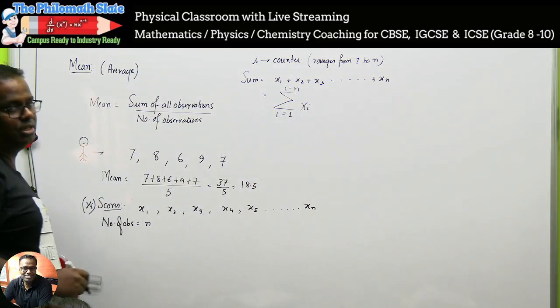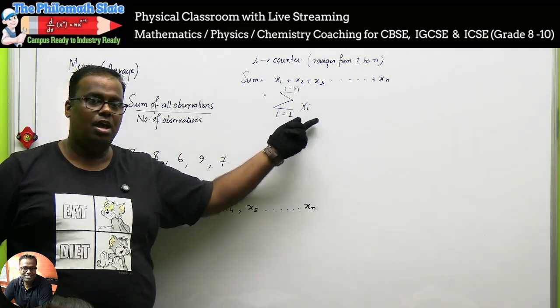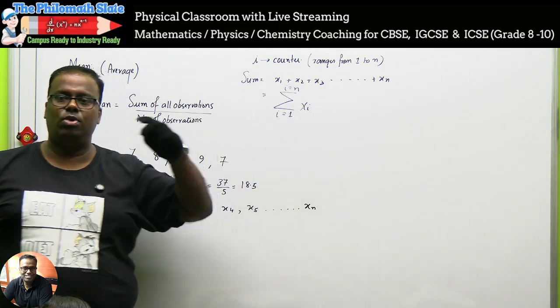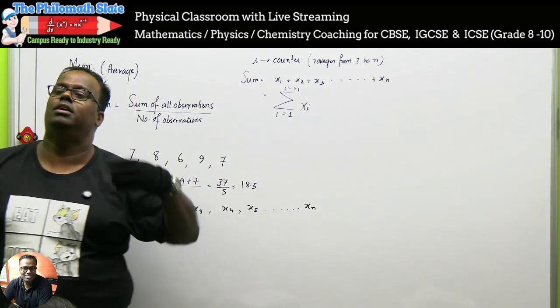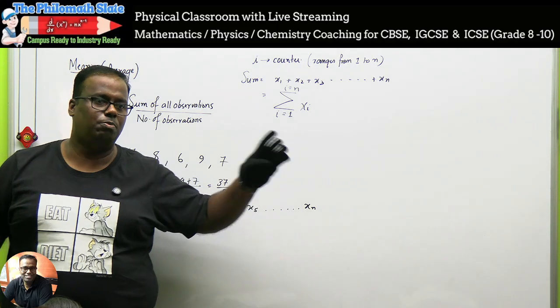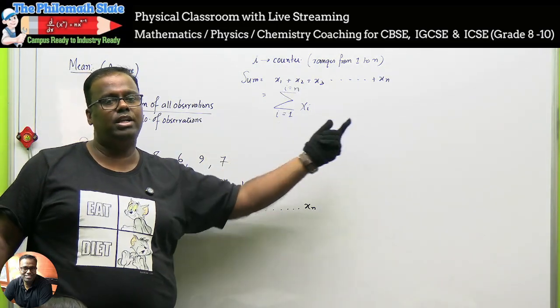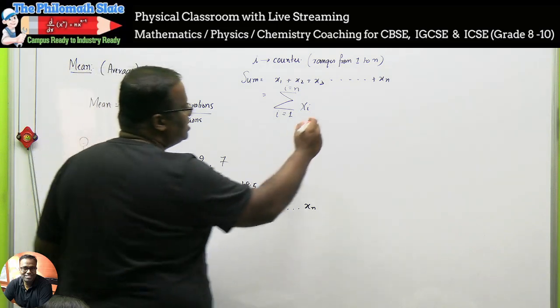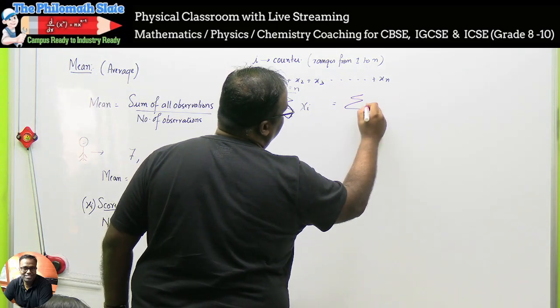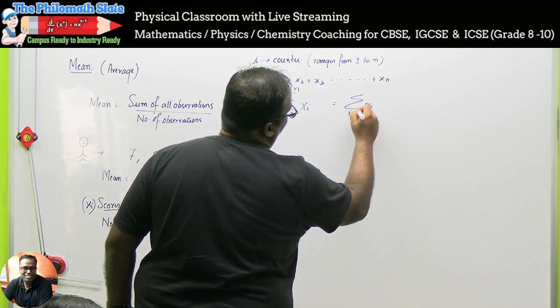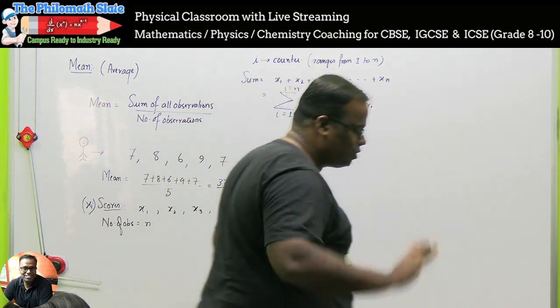This is how we read it. Sigma xi, i equal to 1 to n means once i takes the value of 1, 2, 3. So suppose you had 17 values, your i will be 1 to 17, and you are adding the 17 values. इसको और स्टाइल करके लिखने से हम लिखते हैं sigma xi, i equal to 1 to n. Is this much concept clear or not?